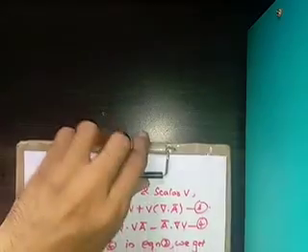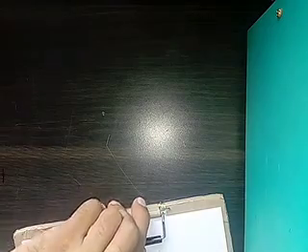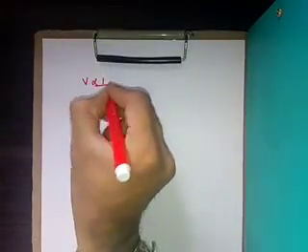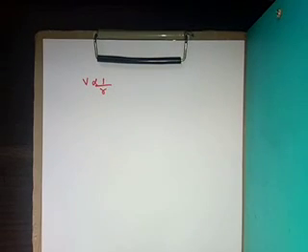Okay. Here the potential V is inversely proportional to the distance or the radius, right? So this R is the distance from the point charge and the point at which we are finding the potential, right?